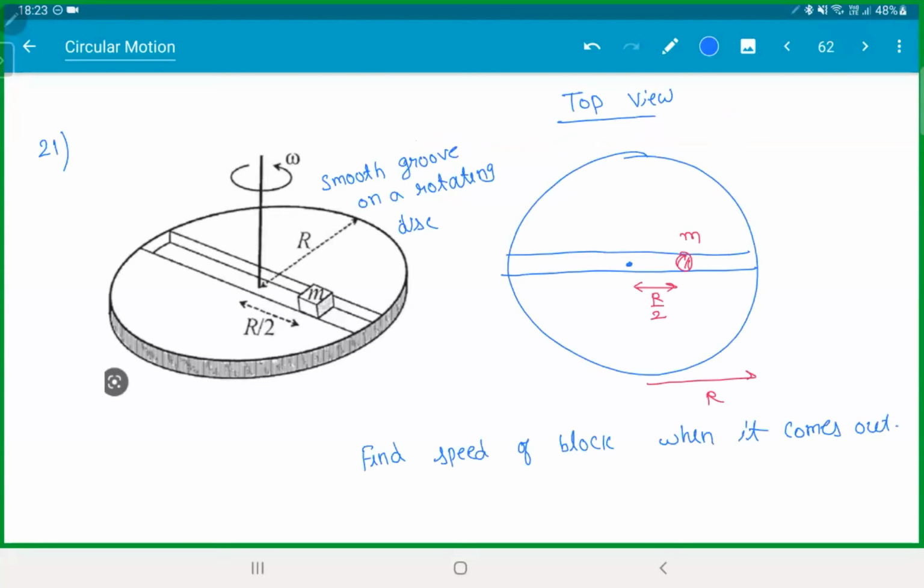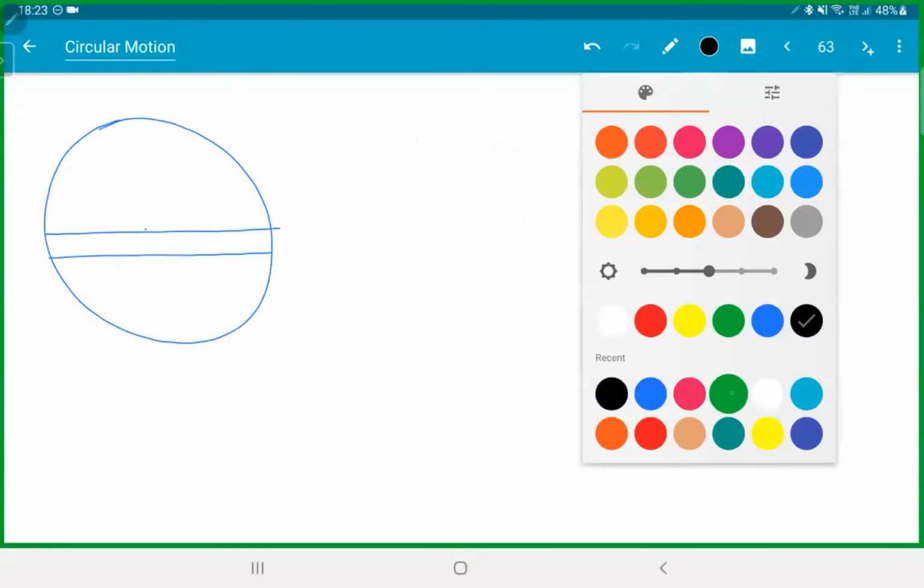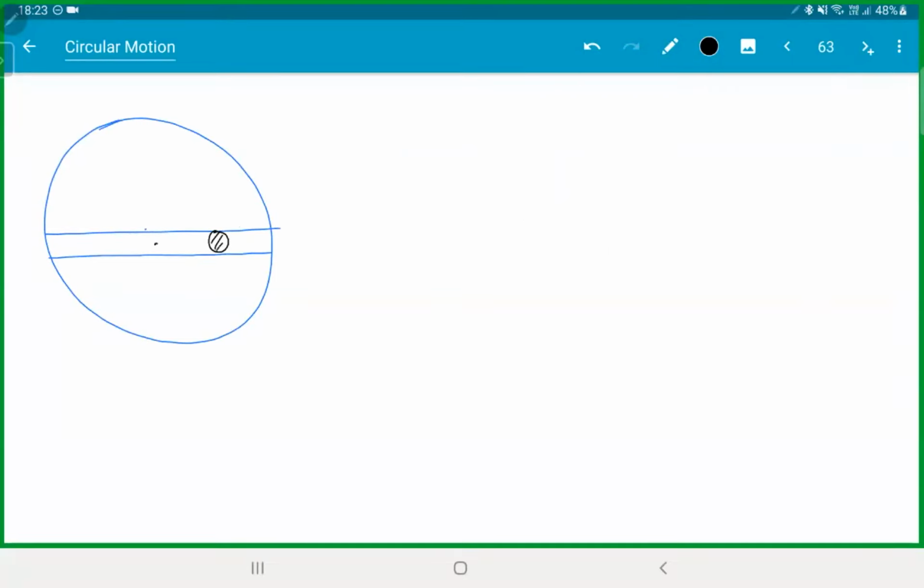So who is dragging this block out of the groove? The centrifugal force, right? So the question is easy, but there's a catch. Let's see. Let's say the ball is somewhere here at a distance x.